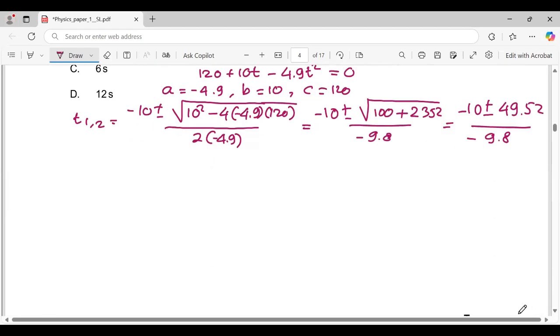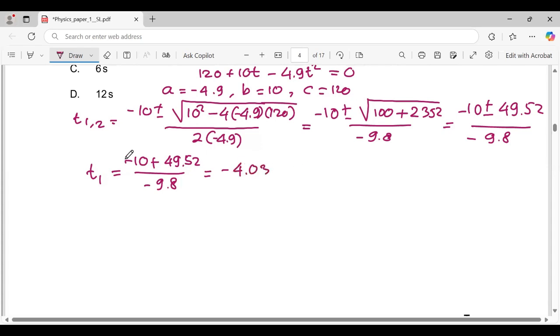So t1 equals minus 10 plus 49.52 over minus 9.8, and the result is minus 4.03.